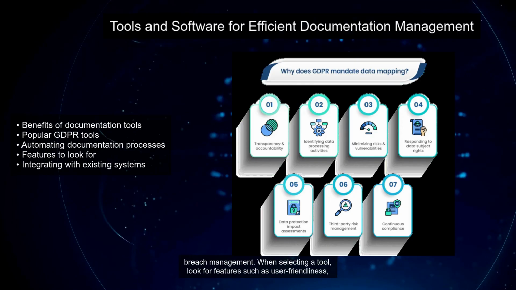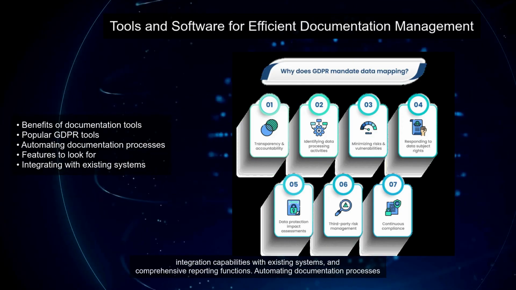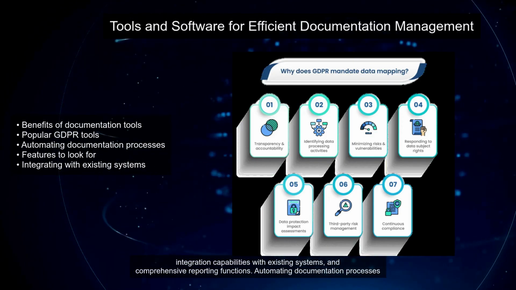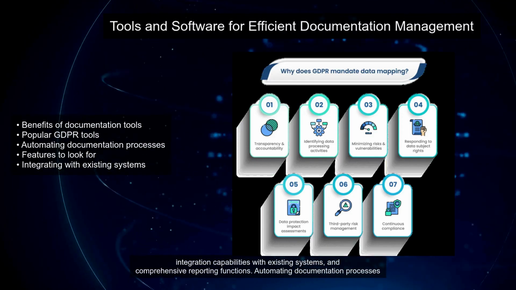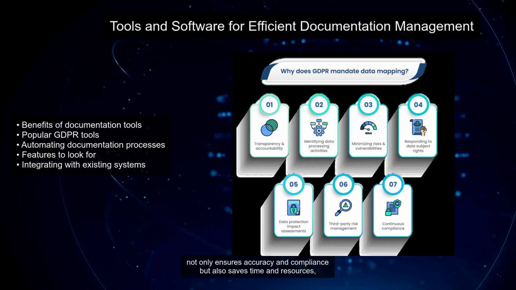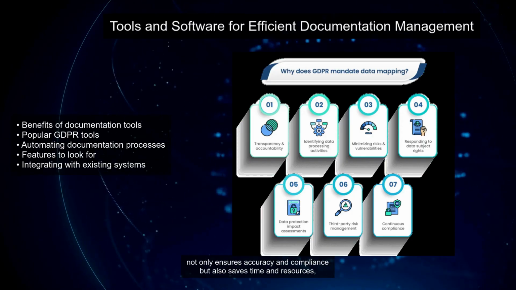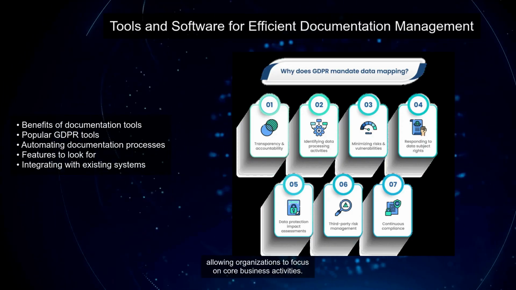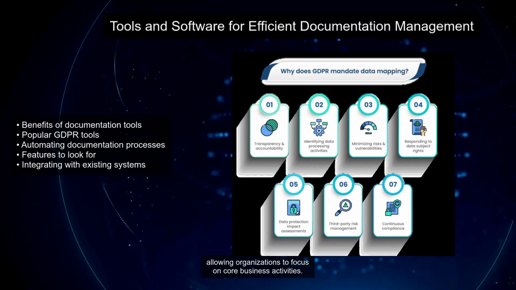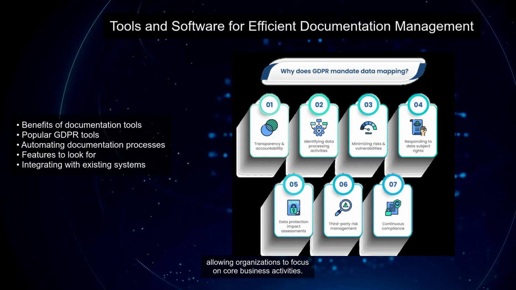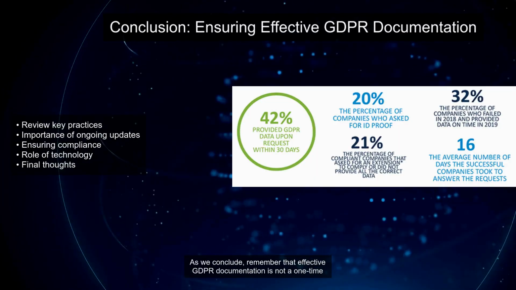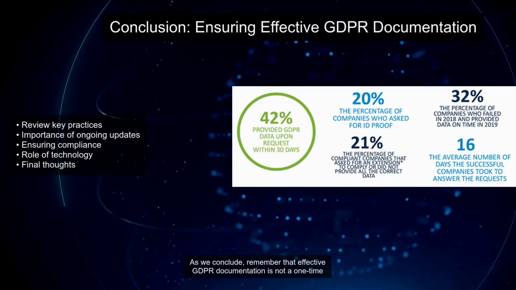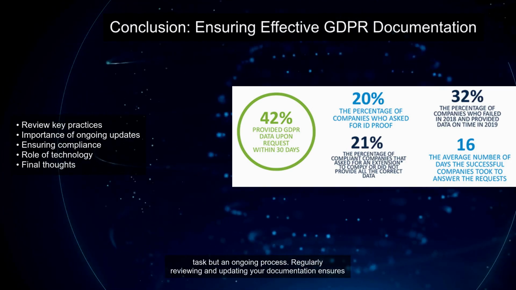When selecting a tool, look for features such as user-friendliness, integration capabilities with existing systems, and comprehensive reporting functions. Automating documentation processes not only ensures accuracy and compliance but also saves time and resources, allowing organizations to focus on core business activities.